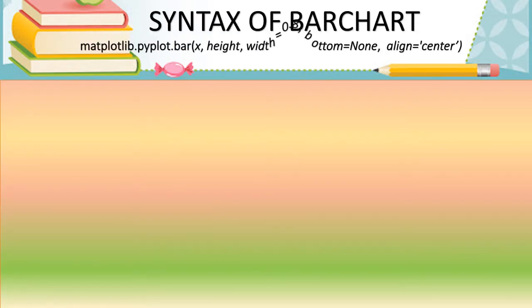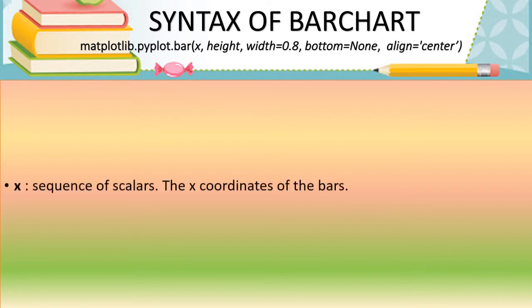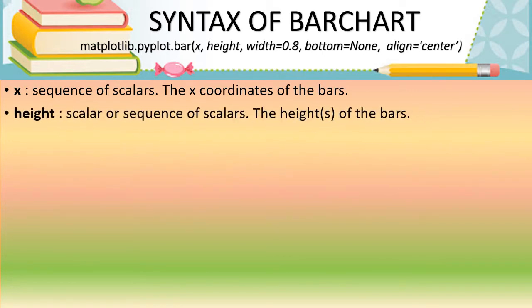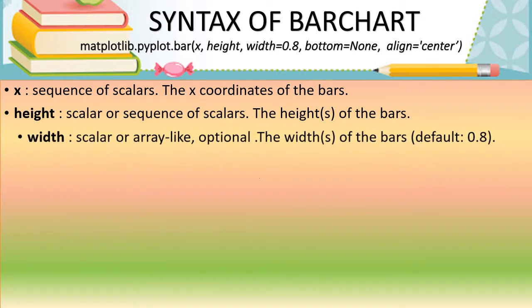The general form of the bar chart is plt.bar(x, height, width, bottom, align='center'). That is our default value. So x is a list of values for the x-axis, and height is the height of the bar in the graph, and width represents the width.